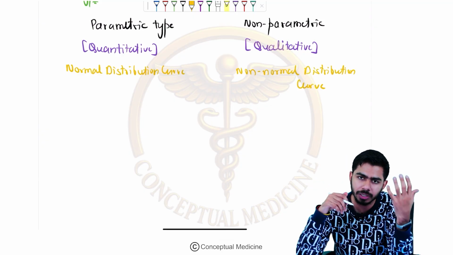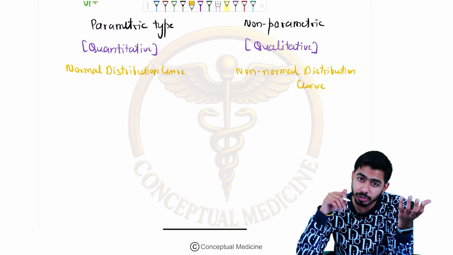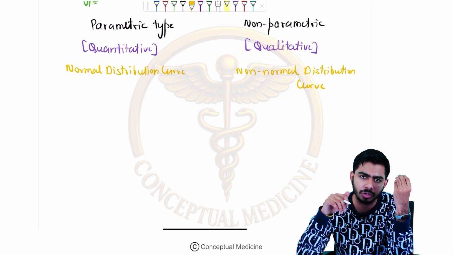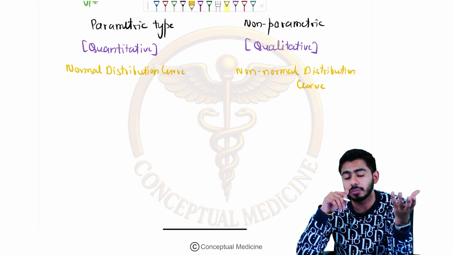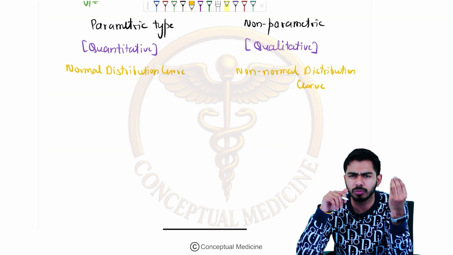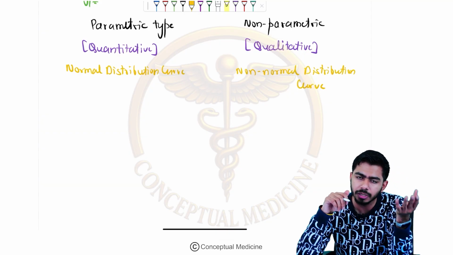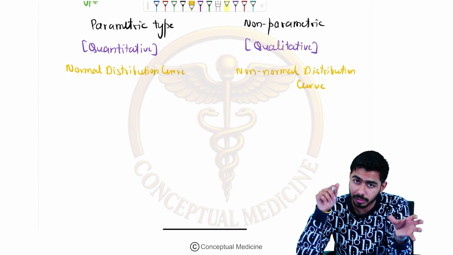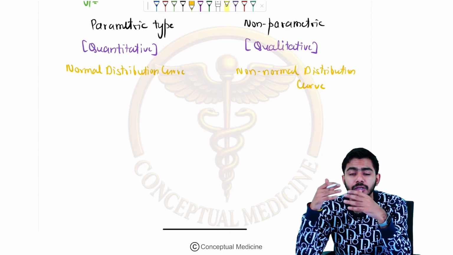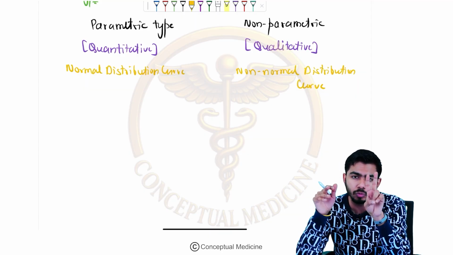For example, the blood test, the several ranges of the blood test, the body weight of a person, the height of a person, and several other things will come in the measurable category, that is the quantitative category. Then you will be using the quantitative test. Usually they are comparing groups, two groups of people.